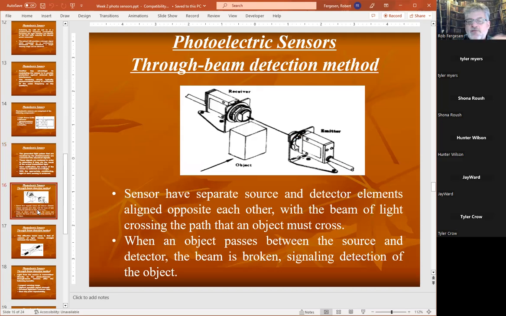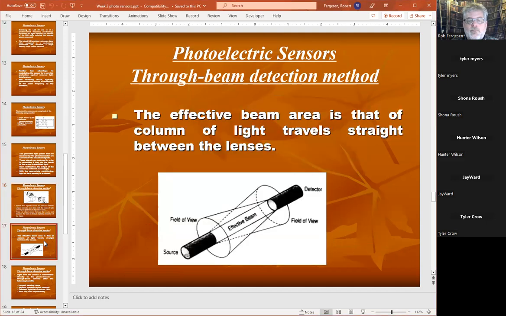Typically through beams look like this, where you have a sender and a receiver, an emitter and a receiver that are used, and any object that breaks that line detects an object. So they're digital on or off, they're not analog, right? Through beam have very, very long range.